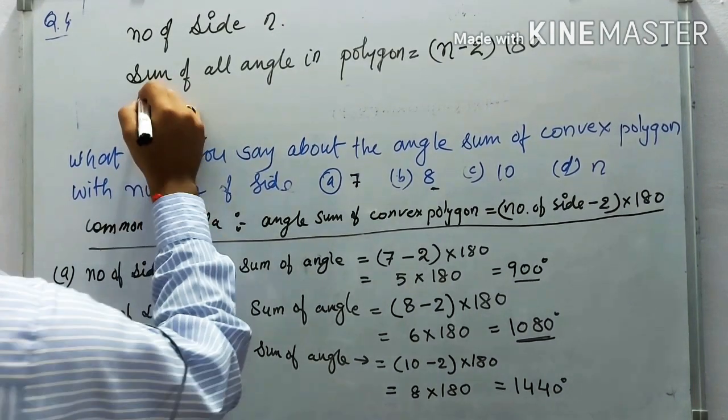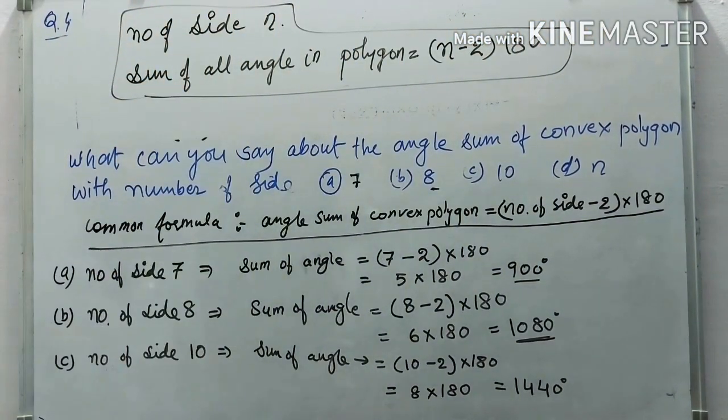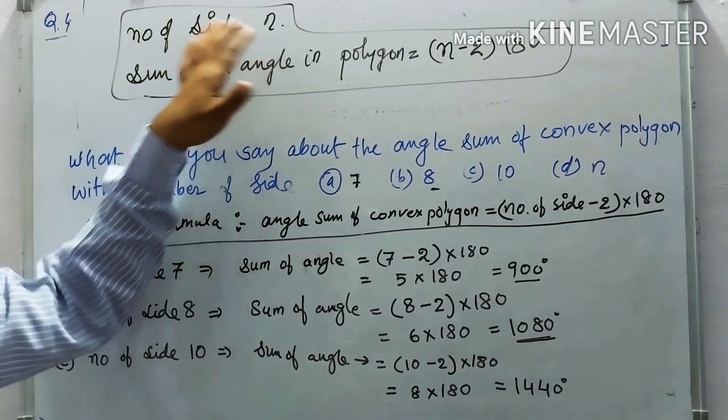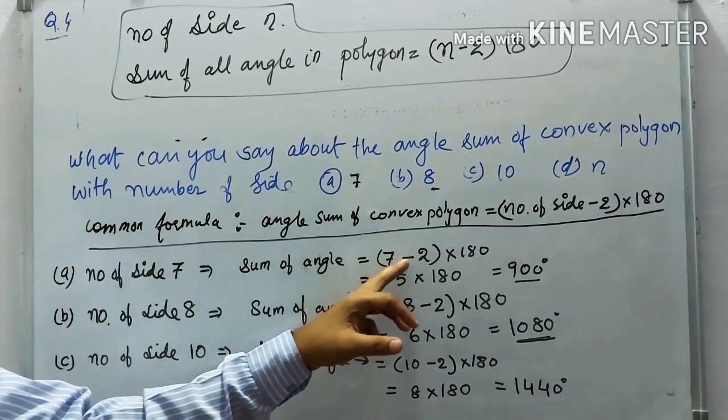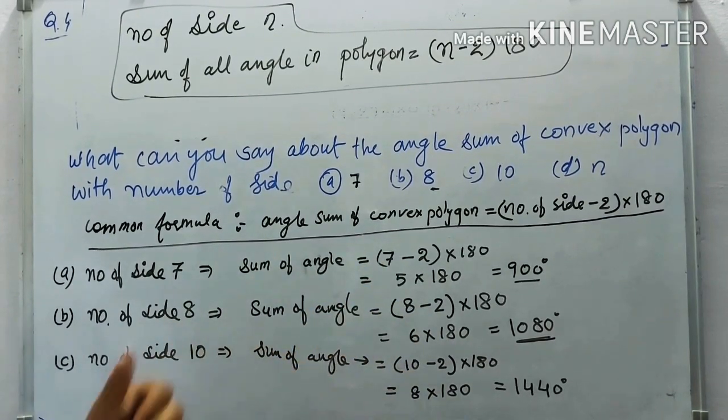Okay, so this is the formula relating the number of sides and the sum of all angles in a polygon. You find that according to the number of sides n, we have 7 minus 2, 8 minus 2, 10 minus 2, where 7, 8, 10 are the numbers of sides.